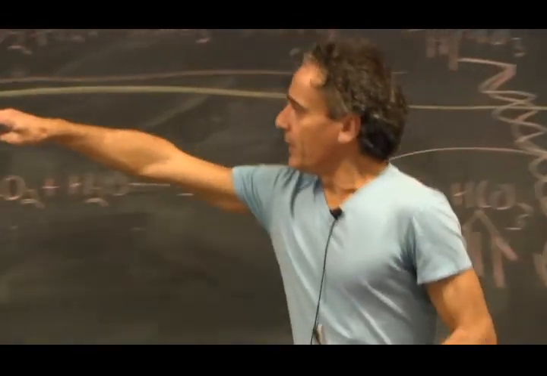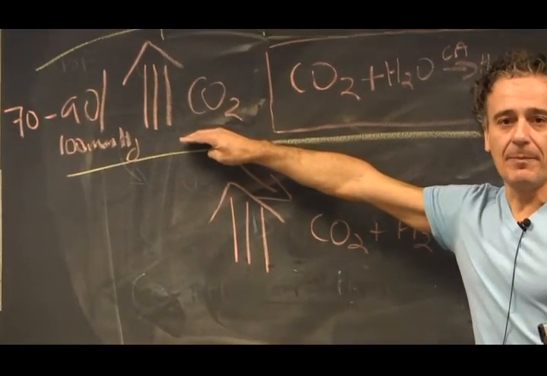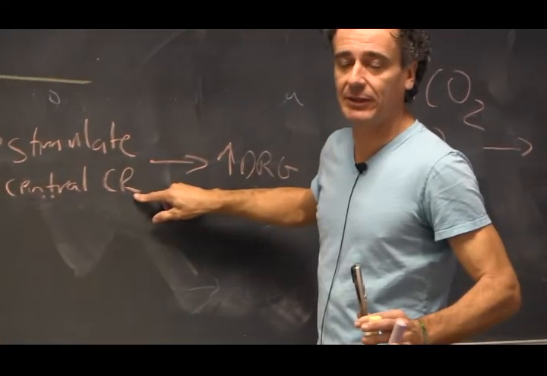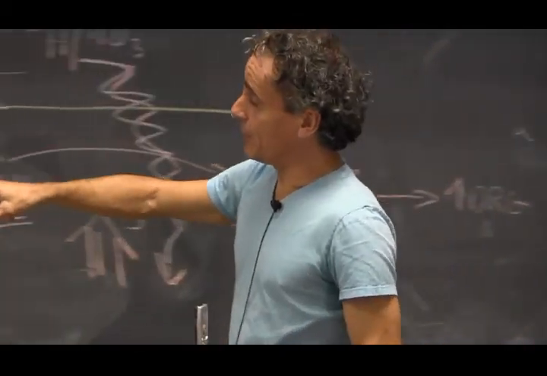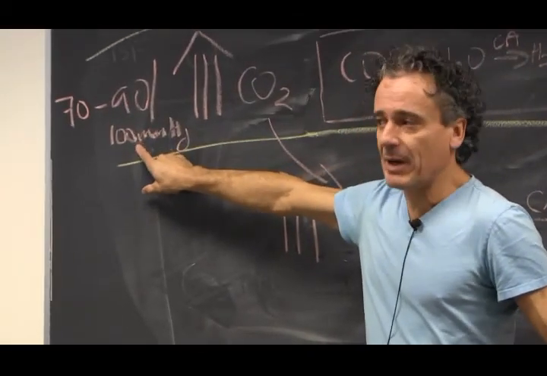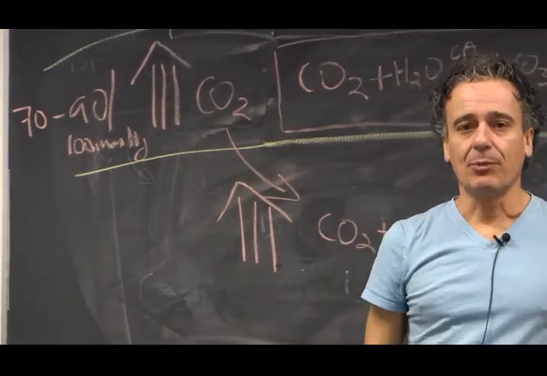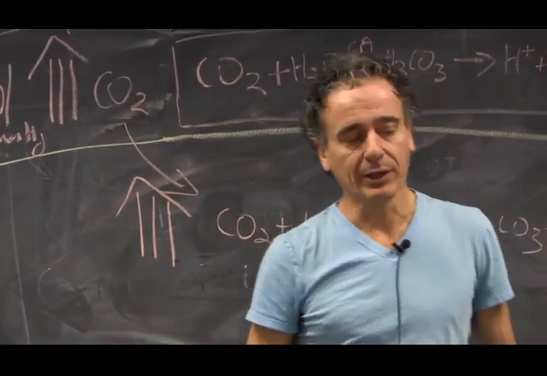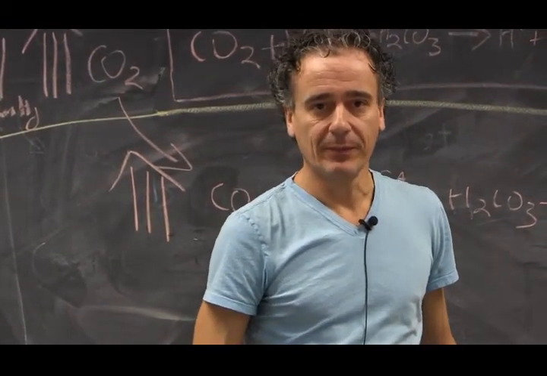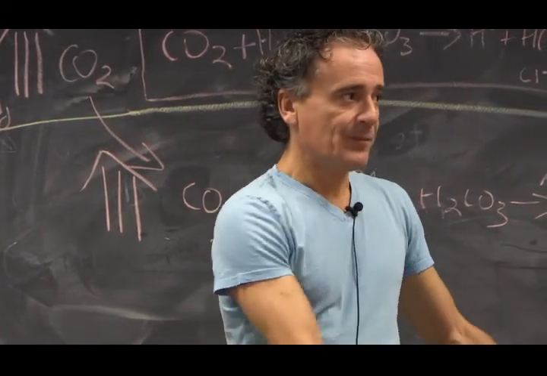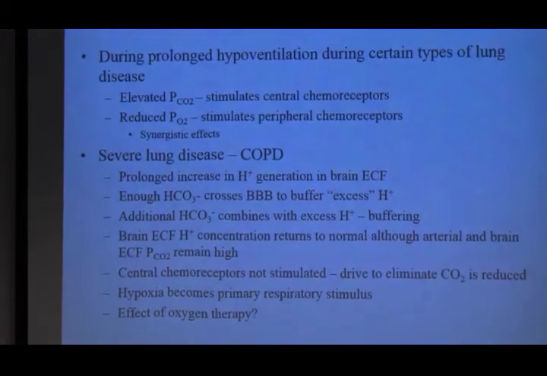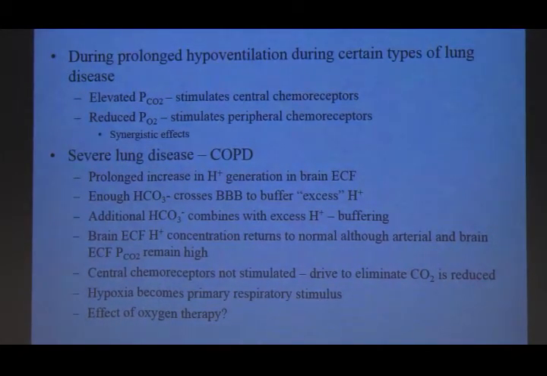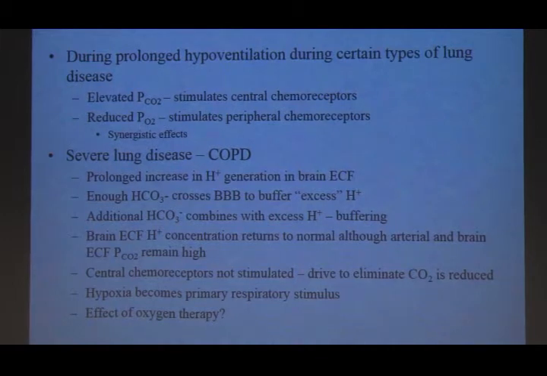So sooner or later, the levels of CO2 are going to be so high that, because of the inability to stimulate the central chemoreceptors and the direct inhibition of the DRG by these levels, the individual will stop breathing. And that's what eventually will kill an individual who has COPD, especially if they use high amounts of oxygen. So indirectly, oxygen therapy is contributing to the inability of these individuals to breathe.